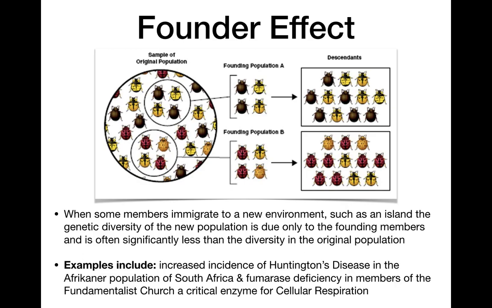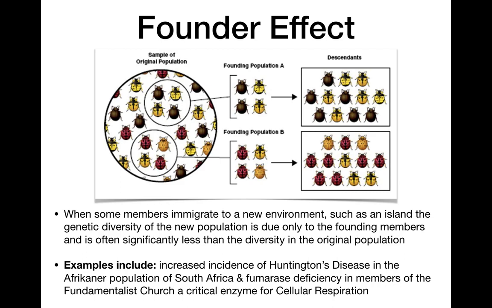Some examples of this, in the Afrikaner population in South Africa, there's a high incidence of Huntington's disease, which is a genetic disease that affects your brain, normally later in life. And this is just because the population that went from, I believe it was Holland to South Africa.